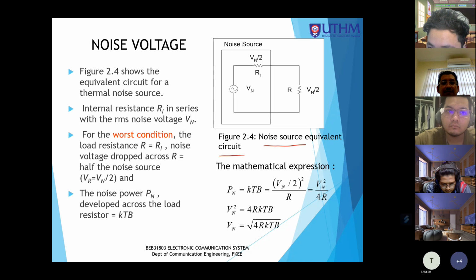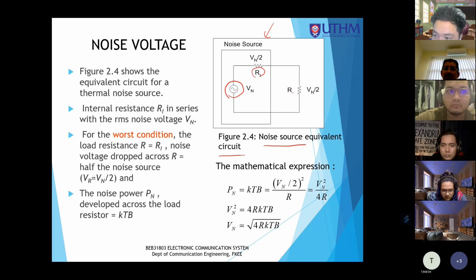So if you see from here, we have the noise source. Okay, the noise source over here, which consists of the noise source voltage over here, and also the internal resistance Ri. So we have another load resistance over here. Okay, load resistance over here.